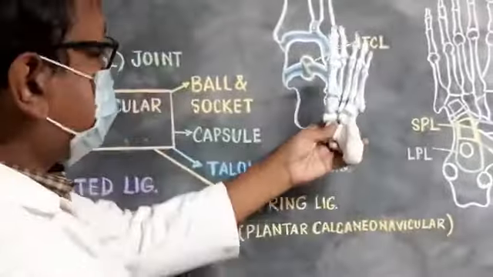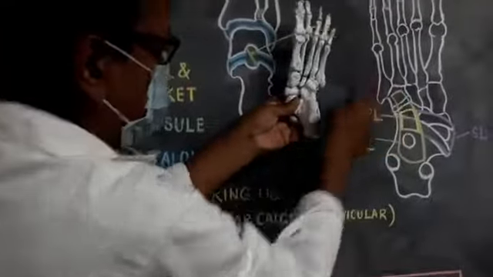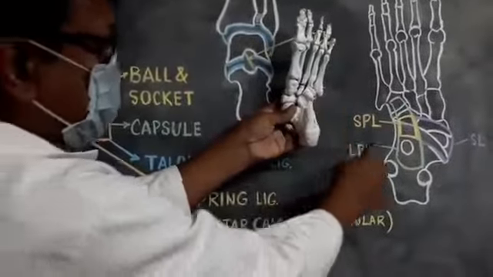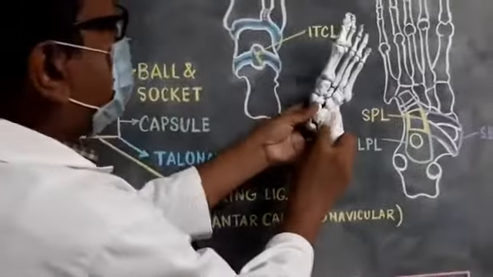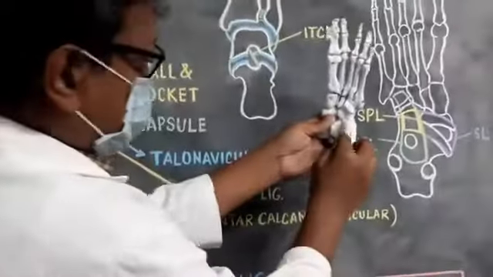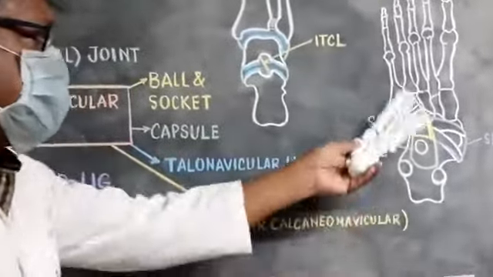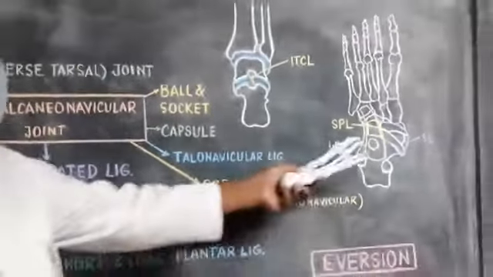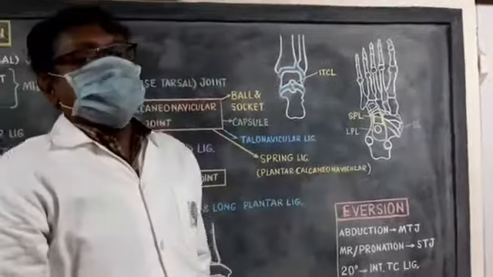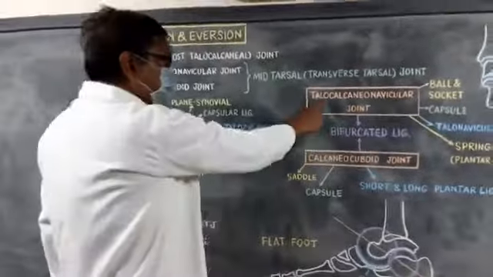Long plantar ligament extends from the plantar aspect of the cuboid bone in front of the oblique ridge and up to a triangular area bounded by the three tubercles. This long plantar ligament is the longest and strongest tarsal ligament.